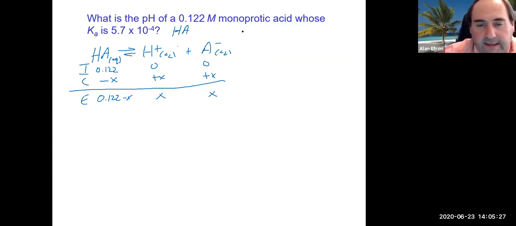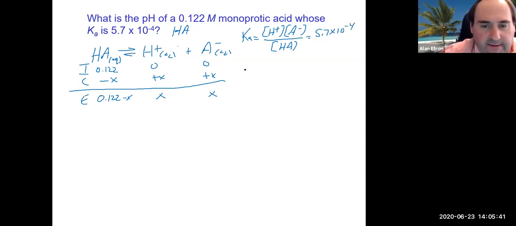So the ice table is very similar to all the other ice tables we've done. This is going to go into our Ka expression, which in this case would be H plus times A minus divided by HA, equals 5.7 times 10 to the minus 4. That gives us x squared over 0.122 minus x equals 5.7 times 10 to the minus 4. So you can assume x is equal to 0 here.